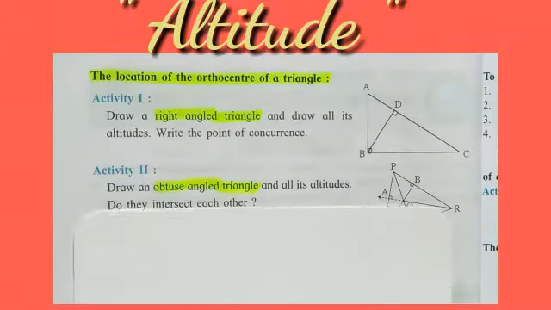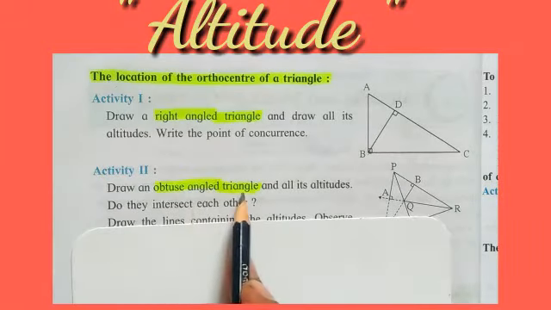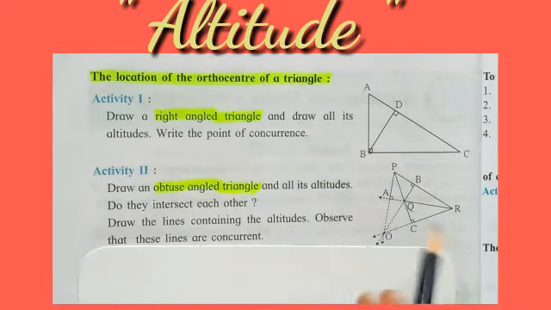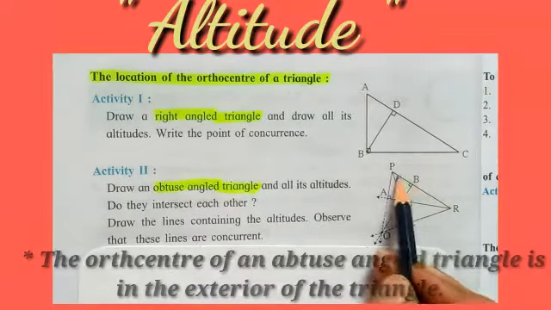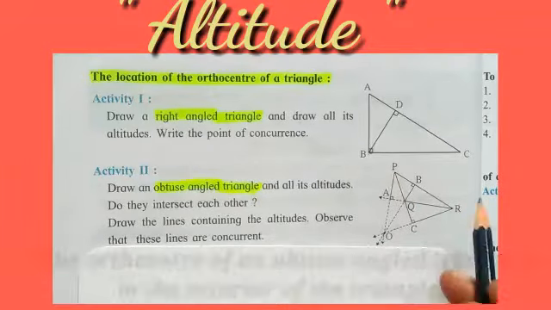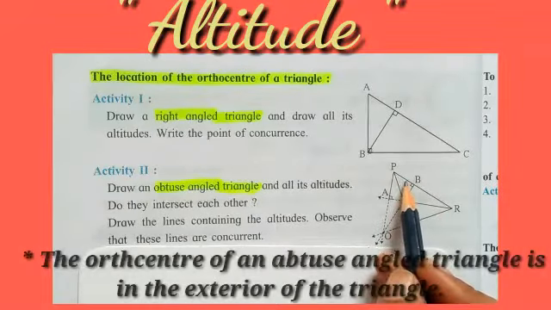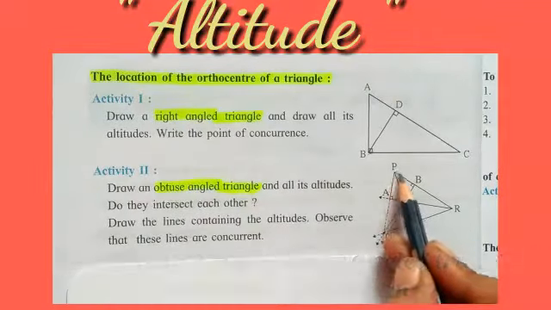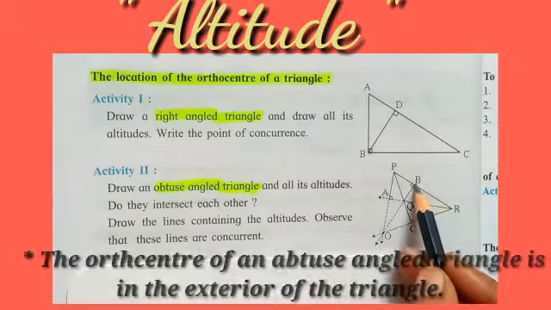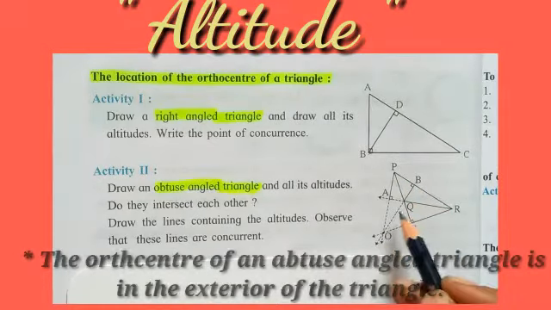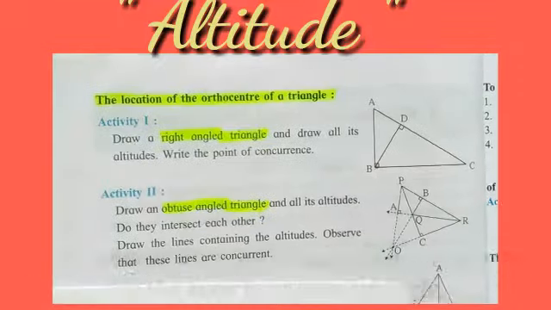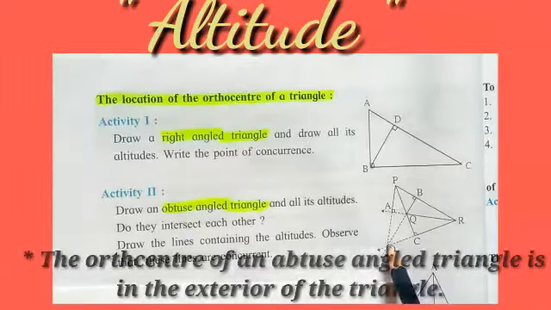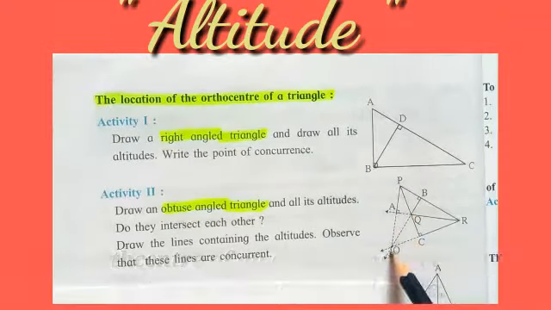The second type of triangle is the obtuse angle triangle. In the case of the obtuse angle triangle, suppose this is the obtuse angle. If we draw the altitude from this vertex, this is one altitude. Then if we extend the other two sides, we get its orthocenter outside of the triangle.